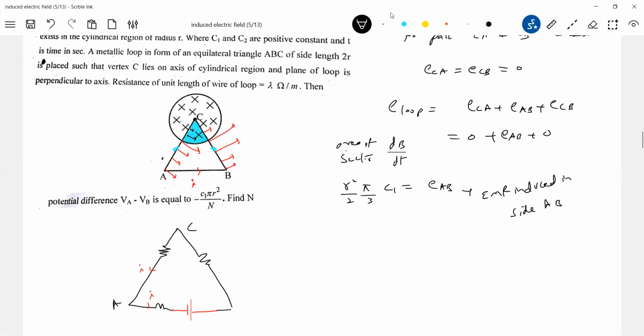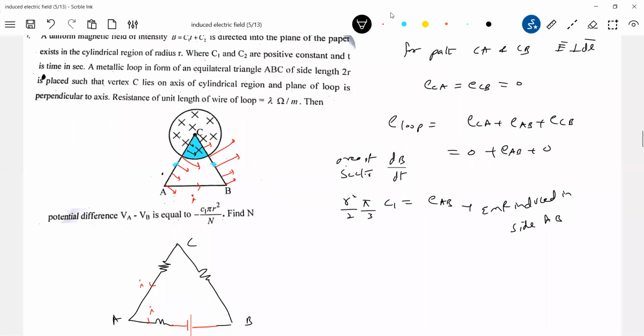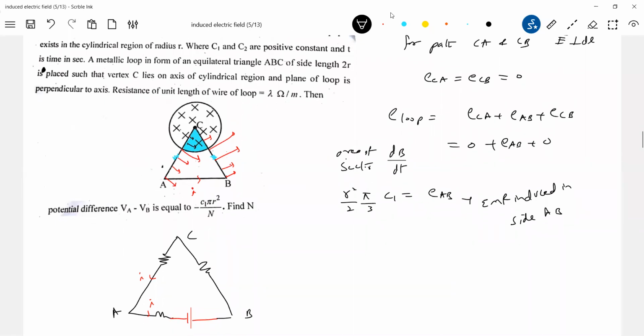This is C, A, and this is B. Resistance is lambda ohm per meter. Side length 2r, radius is r. So this will be lambda into 2r, lambda into 2r, lambda into 2r, and this is the total EMF induced.